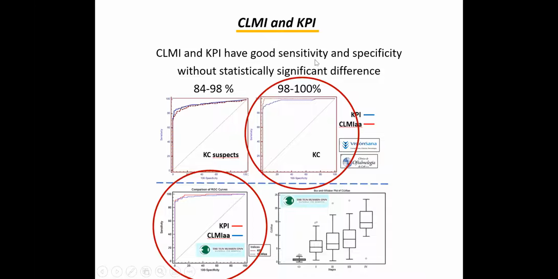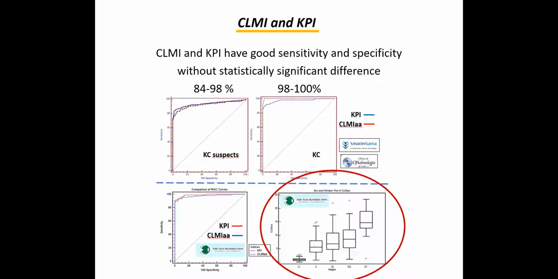They have very good sensitivity and specificity, with no significant difference between them. So these indices are very useful to discover very early keratoconus. However, they are not good for progression of keratoconus because all the stages of keratoconus may have very high index.